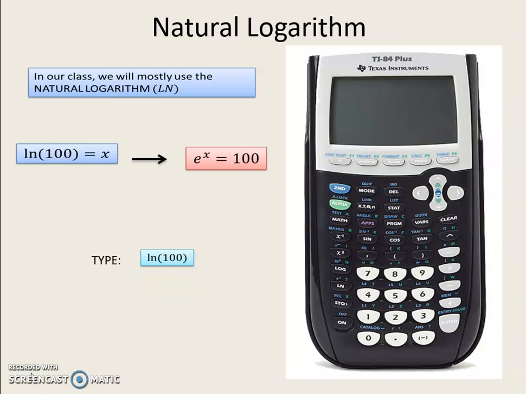All you have to do is to type ln of 100, and in a TI-84, that is your ln, right? So if you're using a higher version, you are going to look for the ln button, right, which is this one right here. And if you do it correctly, the ln of 100 is 4.60517 and so on, right? So please try it and hopefully you get the same answer.